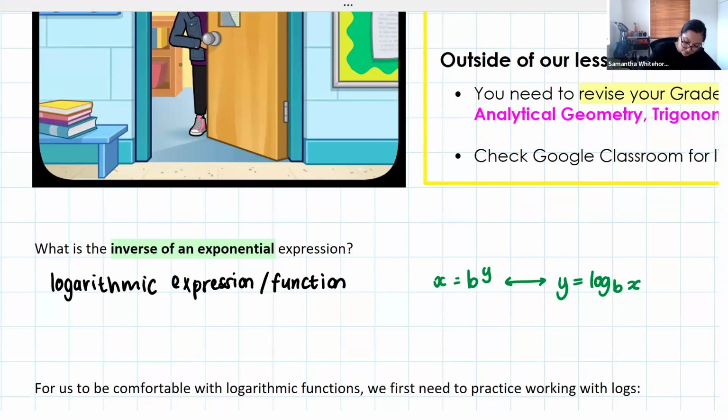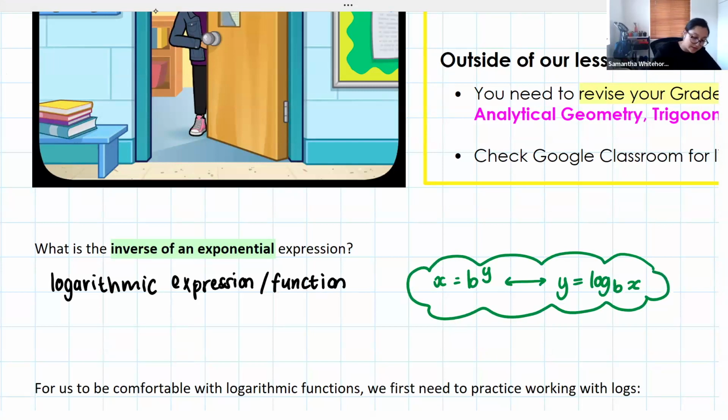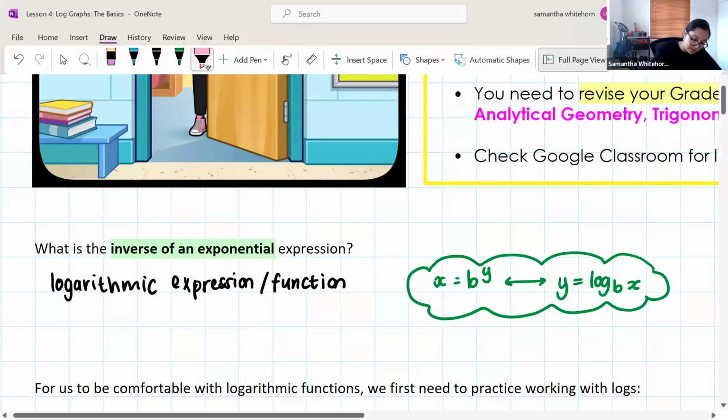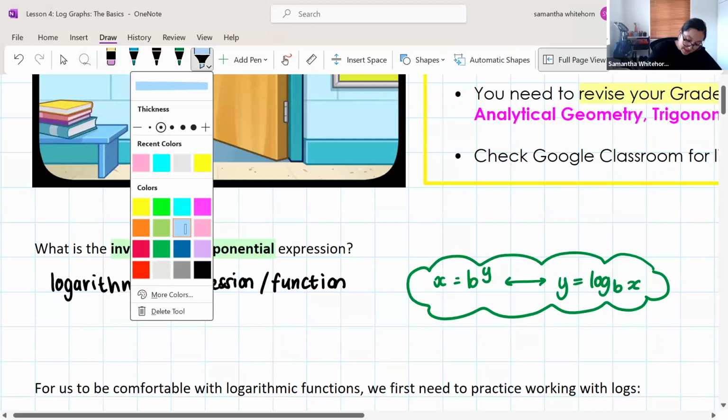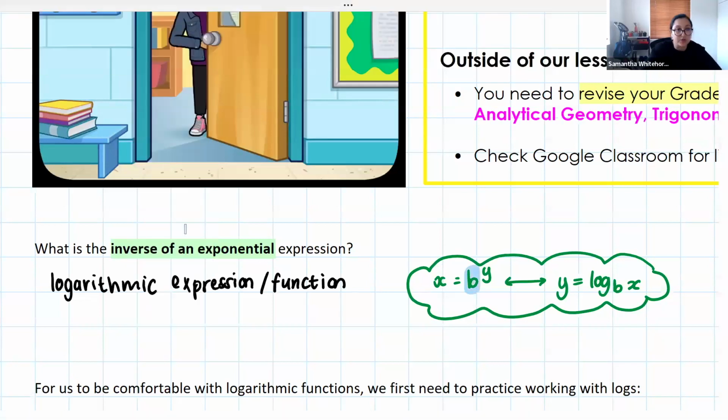Right, so this is the little rule that we use. And what you need to realize is that the x's are the same, the b's are the same, the y's are the same. So basically, the base of your exponential expression or equation is the base of your log expression or equation.